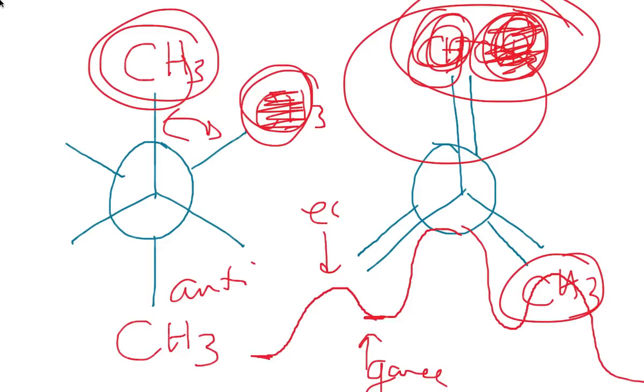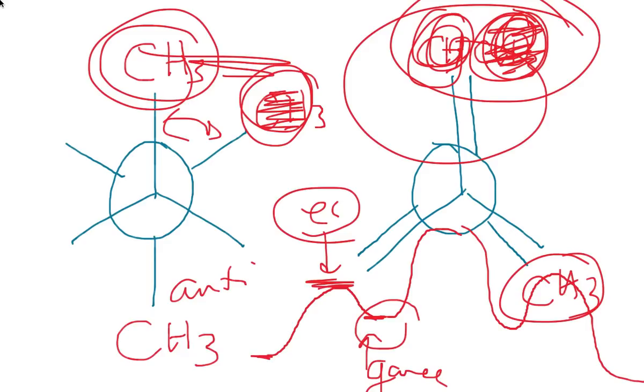So notice, even though this gauche interaction is higher in energy than the anti, there's the gauche. It's still less energy than the eclipsed. Did you follow all my scribbles?